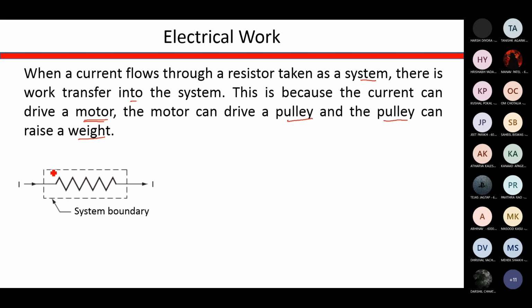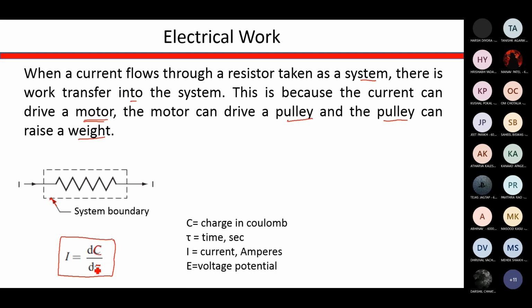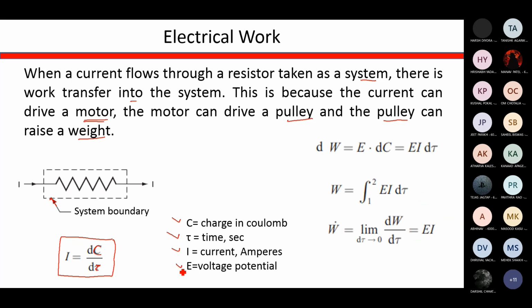So this is your resistor, then the system boundary is shown, the current is flowing through the resistor. You know this from your electrical background, the current flowing through the system I is equal to dC by d tau. Now what are those symbols? Capital C is the charge in coulomb, tau is the time in seconds, capital I is the current in amperes, and we'll be using the symbol capital E for the voltage potential or the driving potential, right?